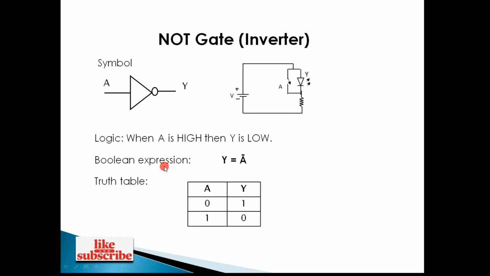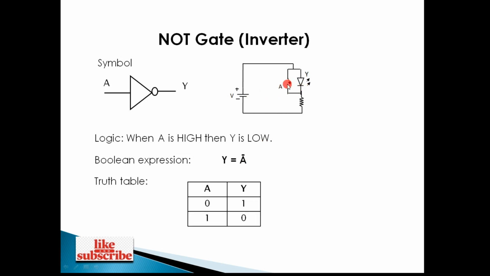The Boolean expression for NOT gate is Y is equal to A bar. You know A bar, this is 1's complement of A. So 1's complement means inversion. You can take analogy of this circuit. Here what is done, a switch is connected in parallel with LED.